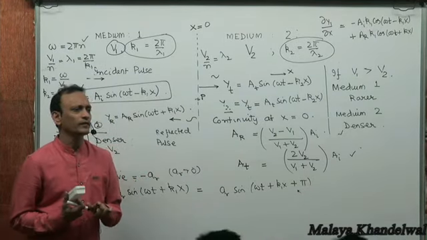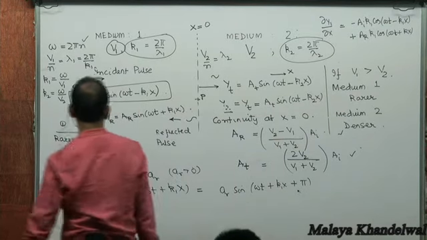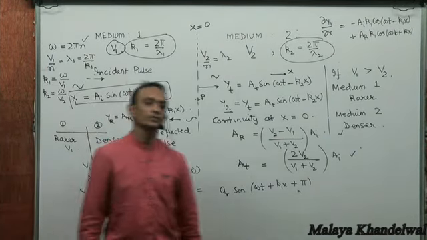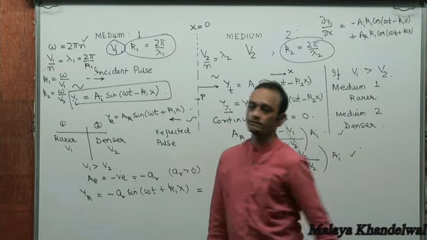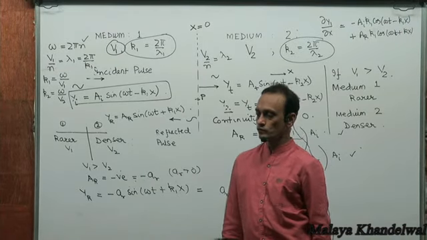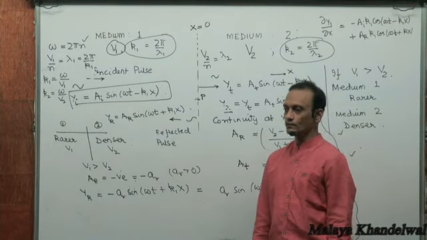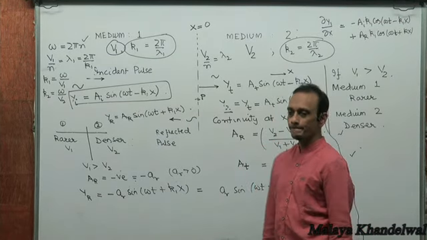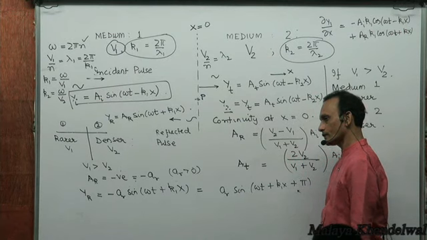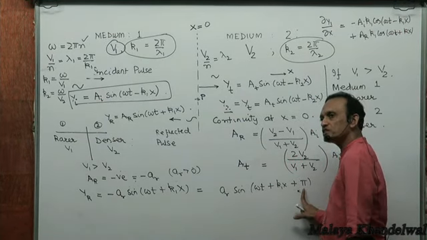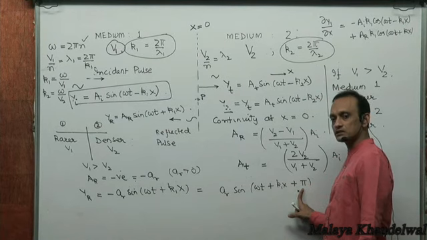Write down. When a transverse pulse travels from a rarer to a denser medium, on reflection, it would undergo a phase change of 180 degrees or pi radians.